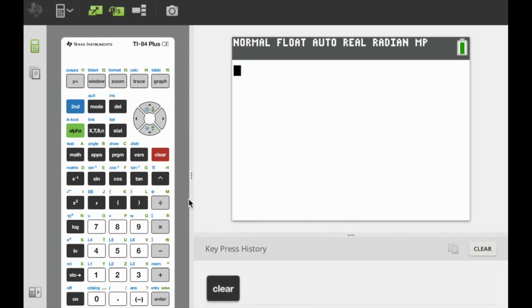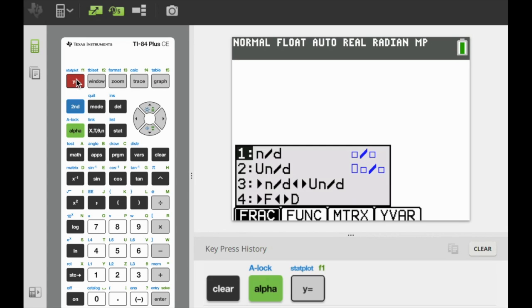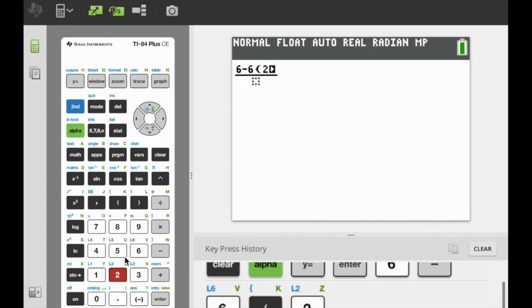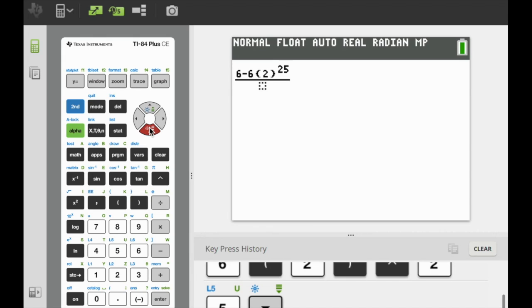Okay, so let's plug in, I'm going to use the fancy fraction because I want to make sure that I type it in correctly. So 6 minus 6 times 2 raised to the 25th power divided by 1 minus 2.